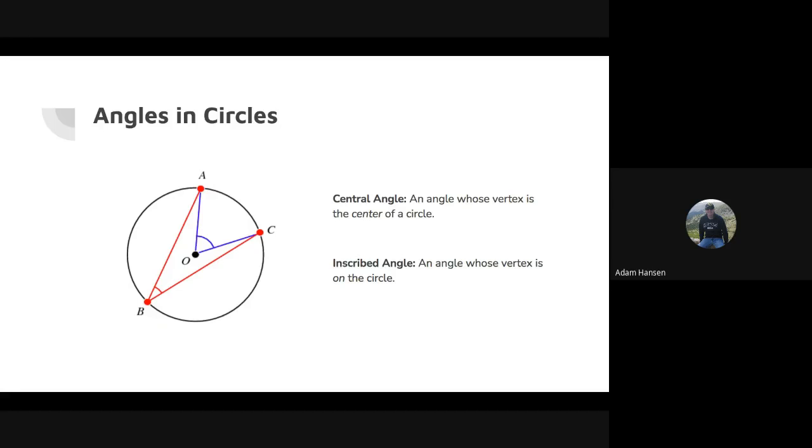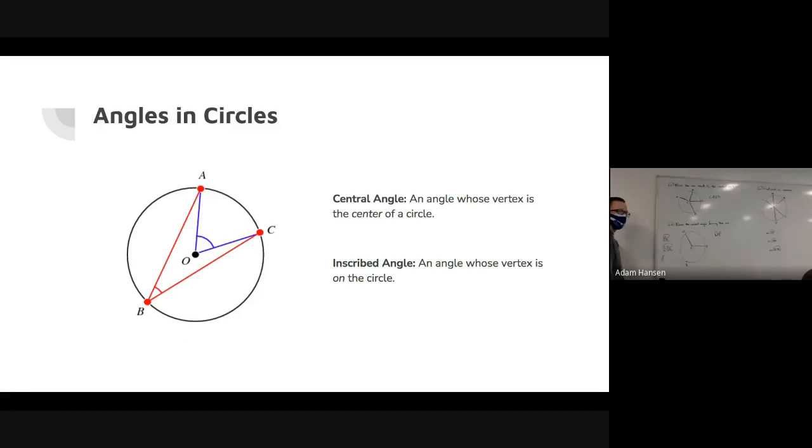O. When you label an angle, you use this notation, the geometric notation for angle, and I name an angle by putting the vertex in the middle. AOC, the blue angle, is the central angle because O is the center.